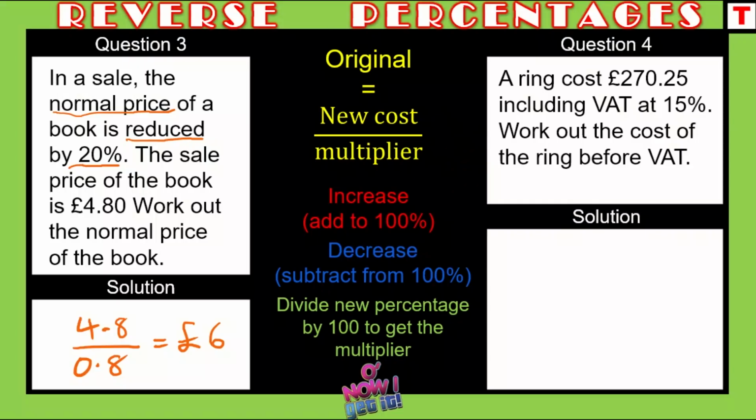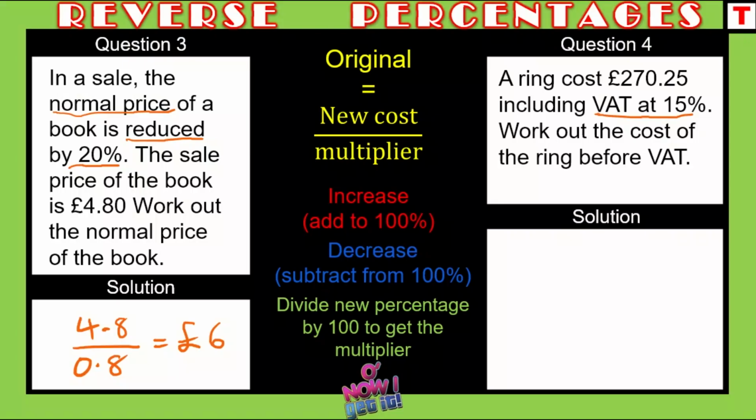So it says that a ring costs £270 and 25 pence, including VAT at 15%. VAT is value added tax. So that means you have to pay more than what the original price would have been in order to take this item home. So because VAT is at 15%, it increased the cost by 15%.